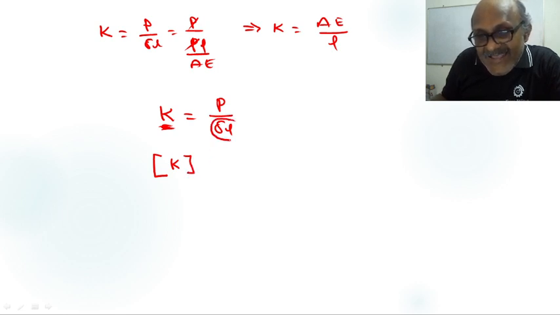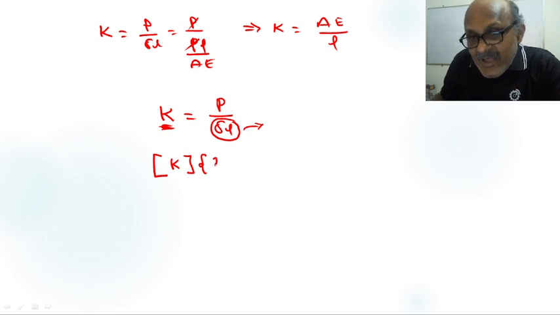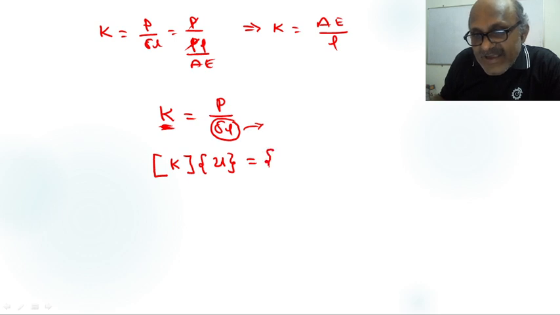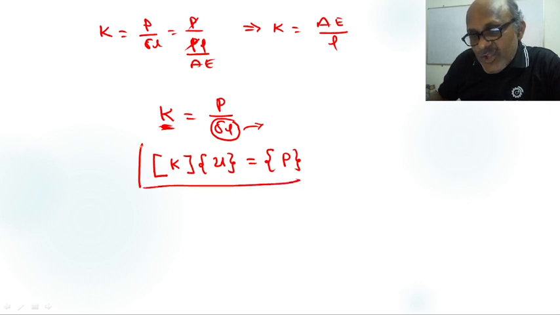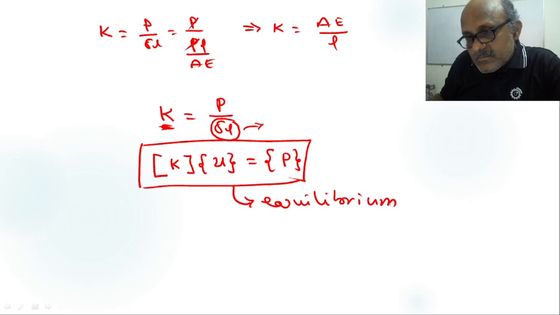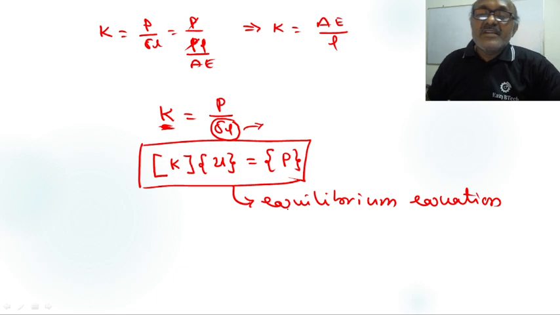Delta L is the nodal field variable vector, that is, field variables at nodal points represented in vector form, and that is equal to P, the load vector, that is, loads acting at nodal points represented in vector form. This equation is called the equilibrium equation, my dear students.